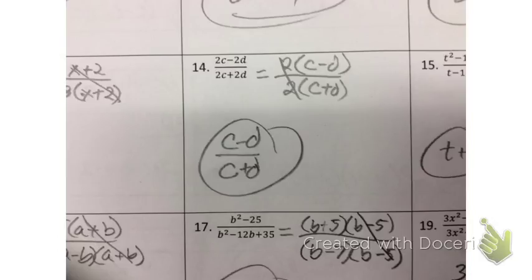I did, but not for these below. Oh, okay. So for number 14, you can't cancel anything yet because nothing's being multiplied. What you're going to do is factor a 2 out of the top and a 2 out of the bottom to get 2 times c minus d over 2 times c plus d, and the 2's will actually cancel out. In order to cancel, you need to have a string of multiplications. Oh.